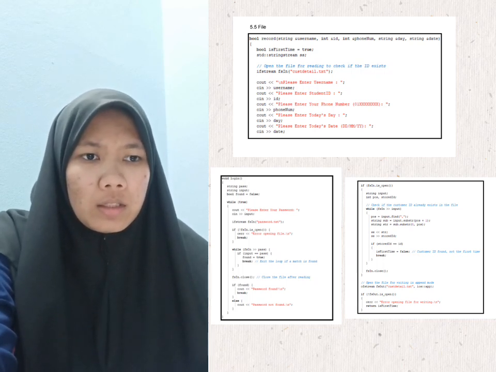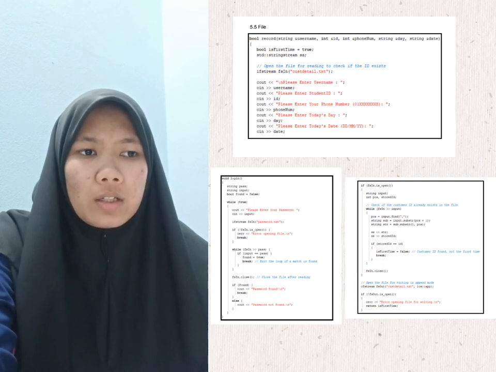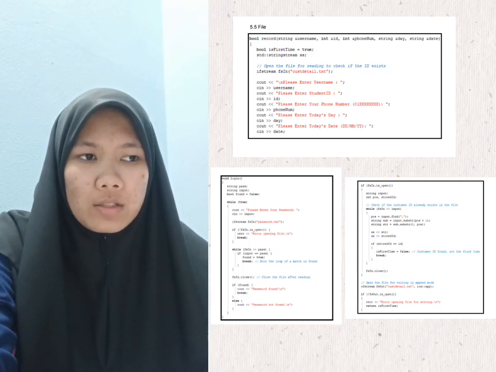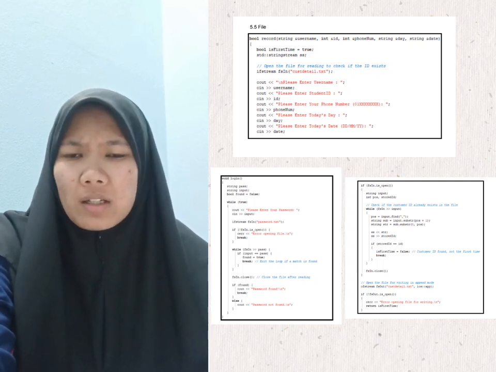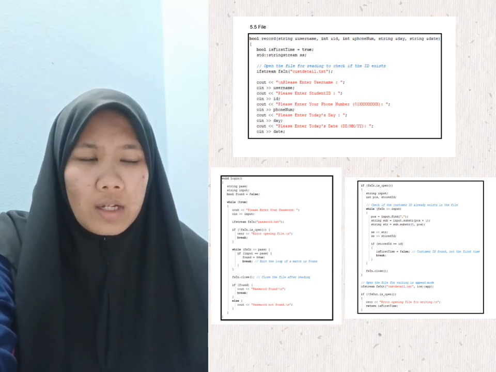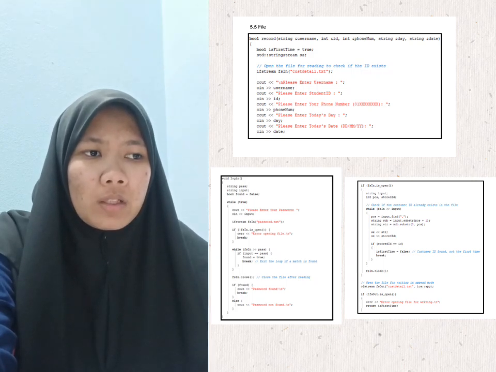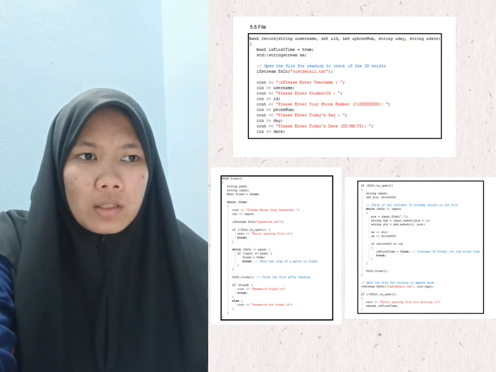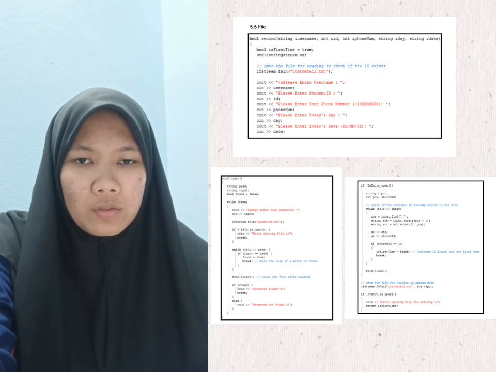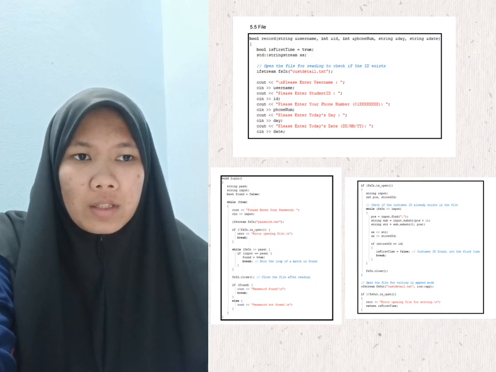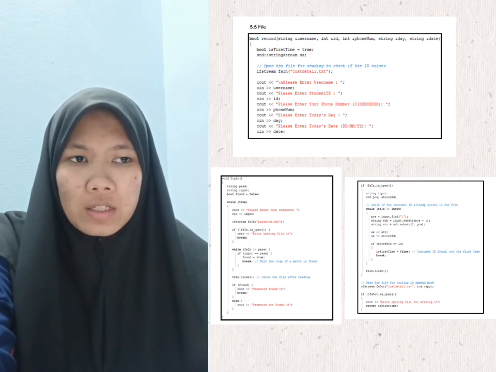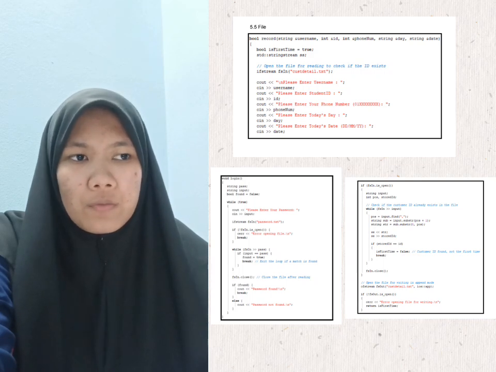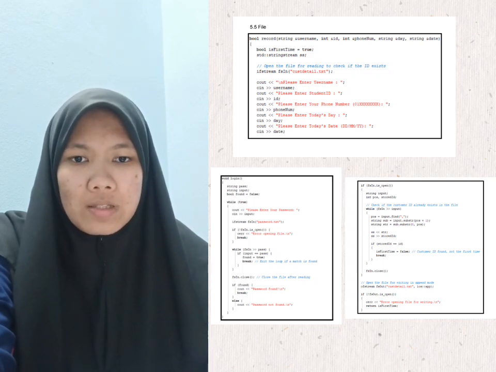And then the record function reads customer details from the customer detail file to check if the customer ID already exists. It also writes new customer details to the same file. The file operations include reading from and writing to external files, and they are performed using the ifstream and ofstream classes in C++.